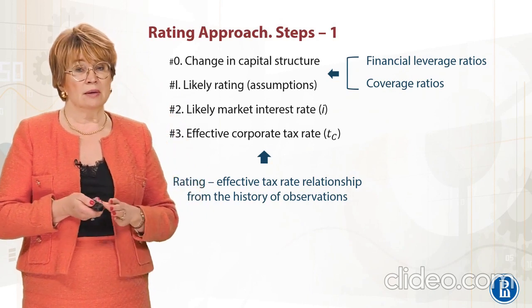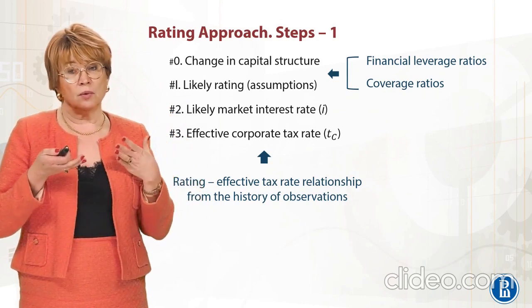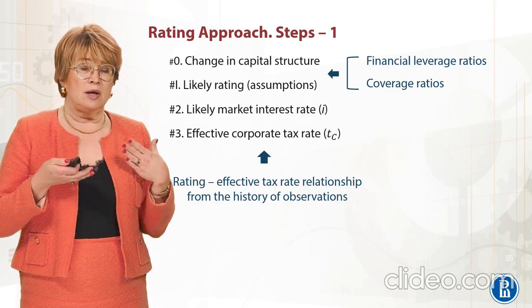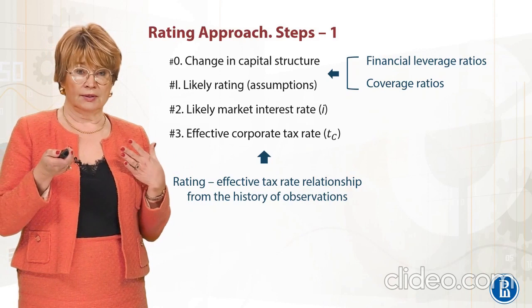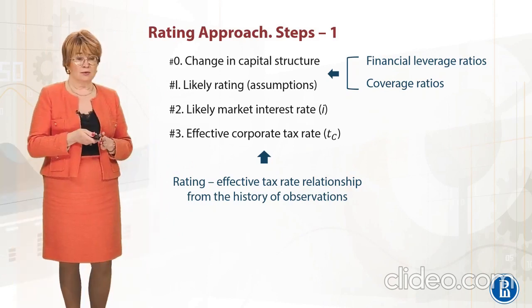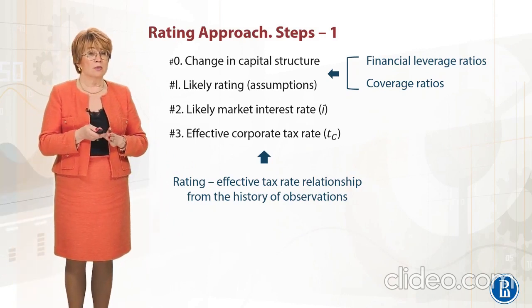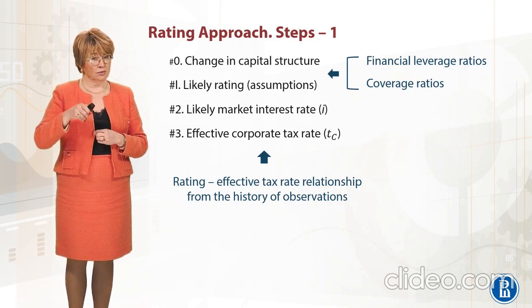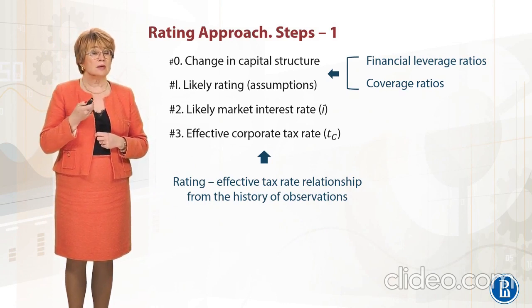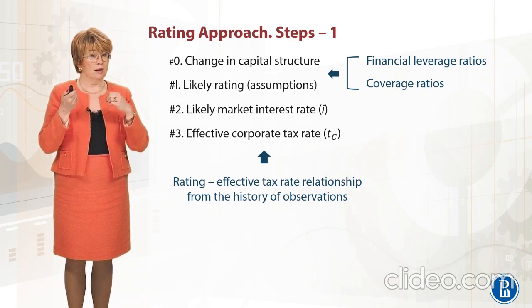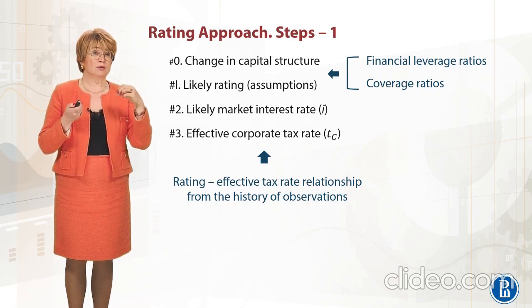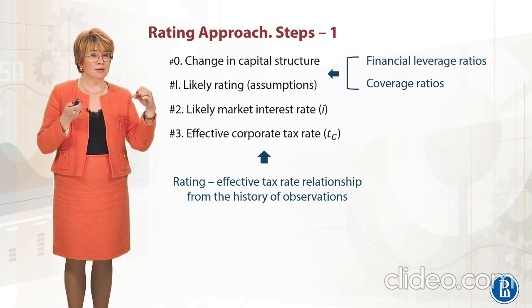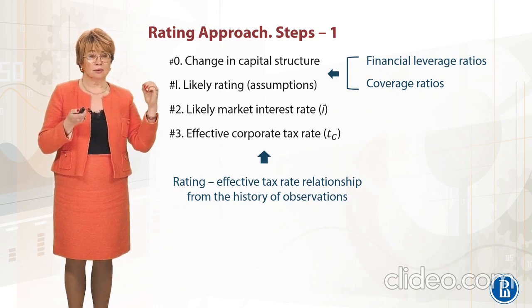When assigning the likely rating just by the help of the financial ratios, we can move towards the second step in this algorithm. Then we again go to the rating tables. Remember, we started with this idea, which shows the historically observed default spreads assigned to each rating class, to each rating group.